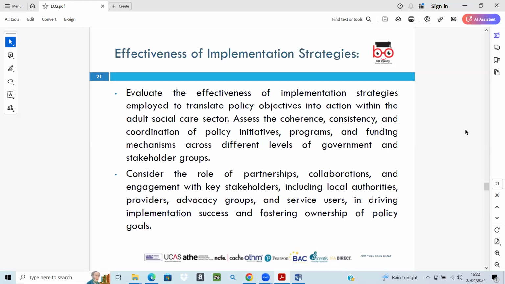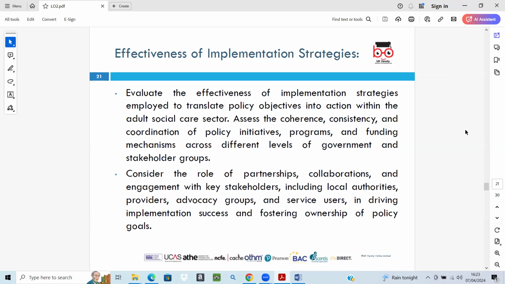Then we have the slide which is effectiveness of implementation strategies. So we need to check the implementation effectiveness of strategies which are implemented.